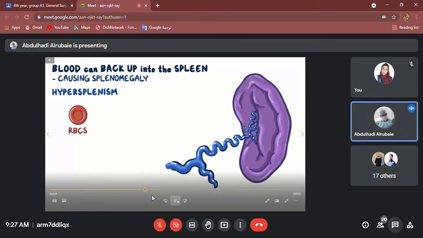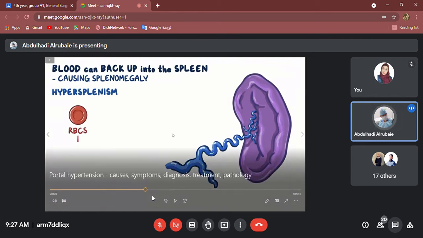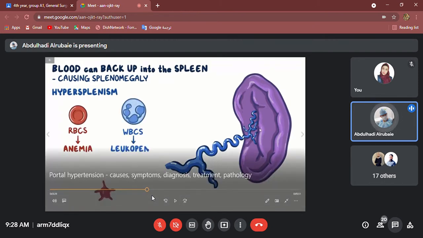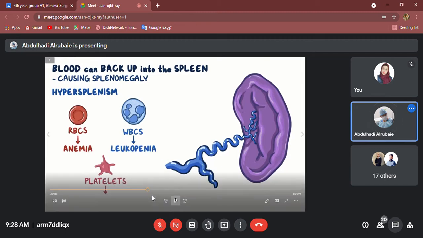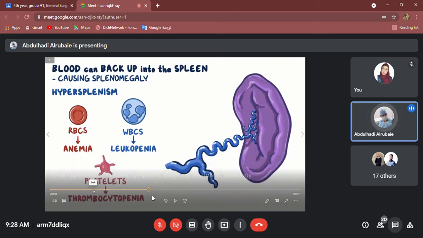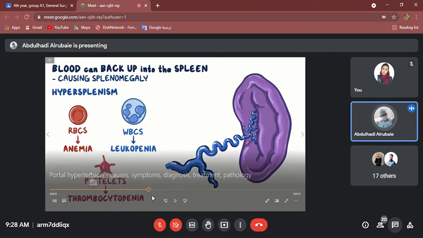Also blood will backflow to the spleen, producing splenomegaly and then hypersplenism, which impairs the function of the spleen, producing anemia and leukopenia. Or reduction of the number of platelets, thrombocytopenia، اللي احنا كلها هنا نقدر نسميها pancytopenia.